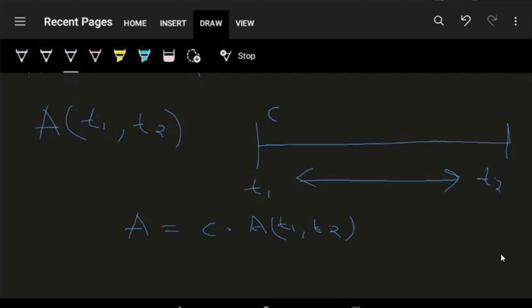So I had the initial amount C, I wanted the accumulated amount here at time T2, so I multiplied C with the accumulation factor of this duration. That's how accumulation factor works. Let's see an example.